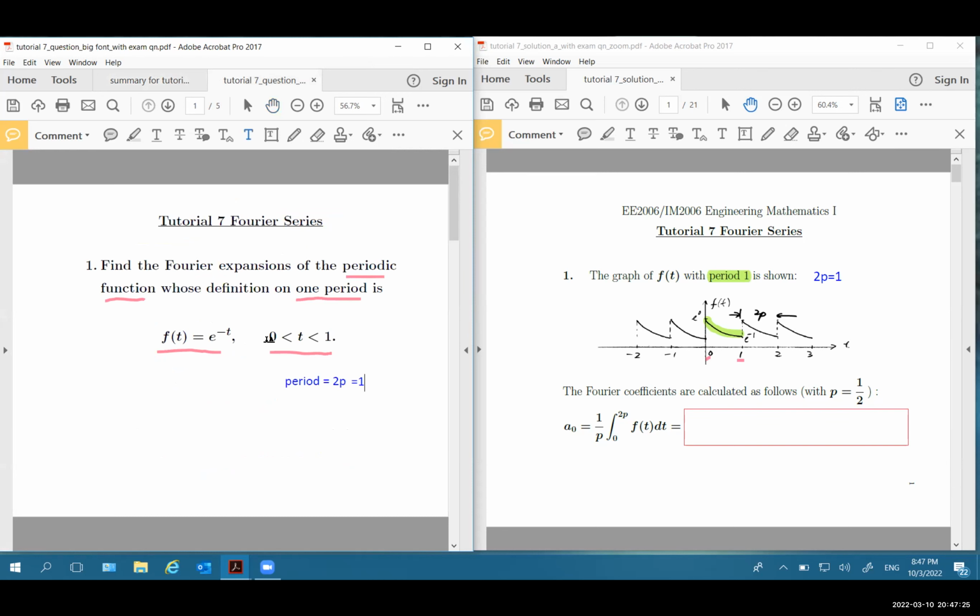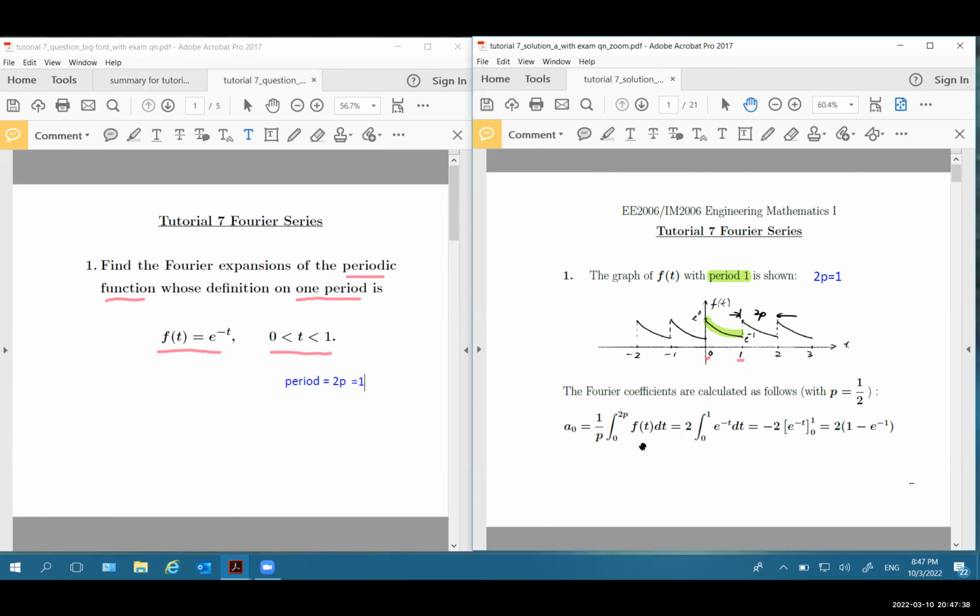Basically, you integrate 0 to 2p. So I put here 0 to 2p, then you put in your f(t), your e to the power minus t, and then you integrate. Okay, so A0 is done already.